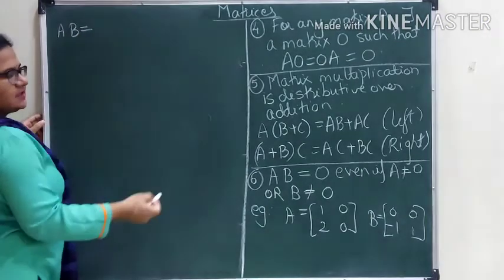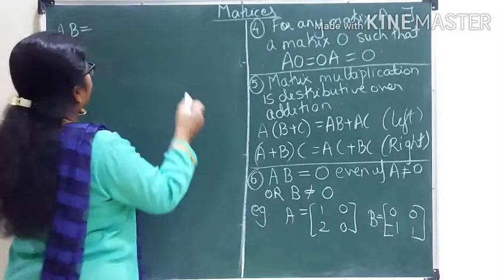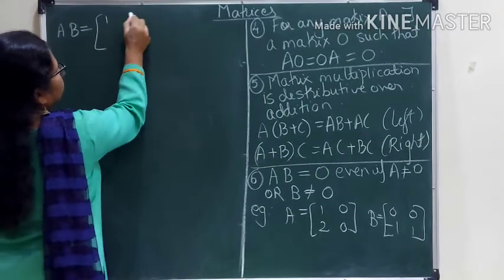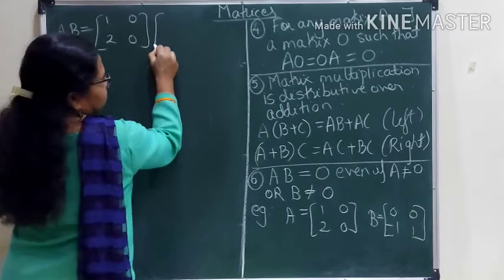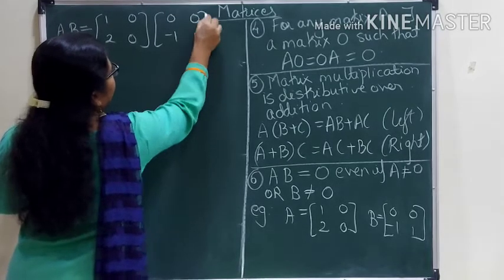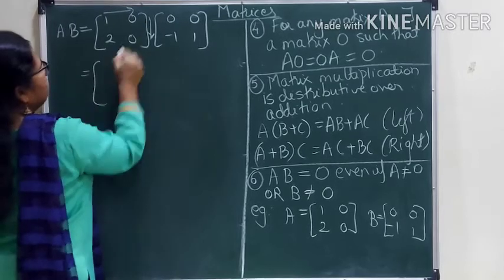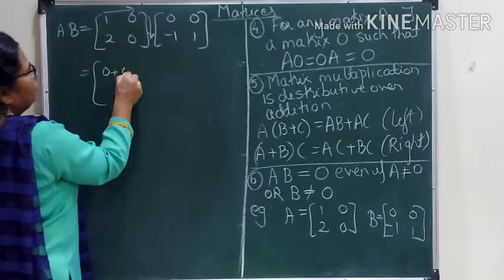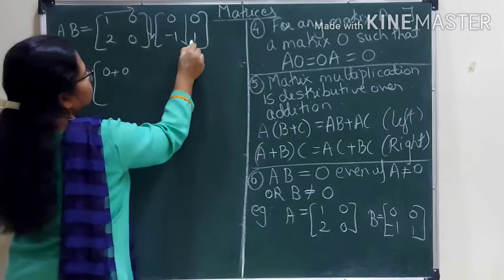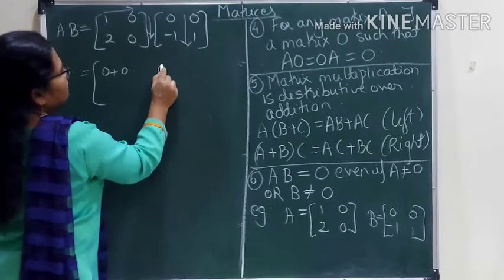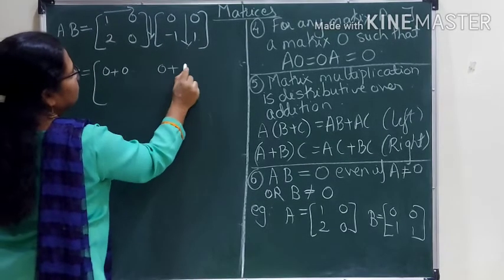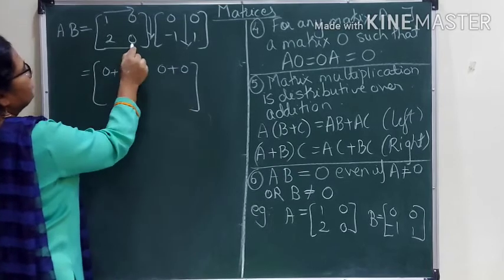Matrix multiplication is possible because order is 2 by 2. So if you multiply this 1, 0, 2, 0 into 0, 0, minus 1, 1. See, first row, first column. 1 into 0 is 0, 0 into this is 0, so plus 0. First row, second column. 1 into 0 is 0, 0 into 1 is 0. Then go to second row.